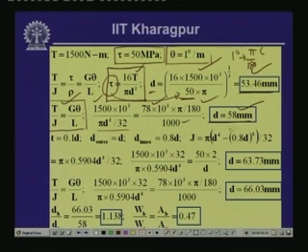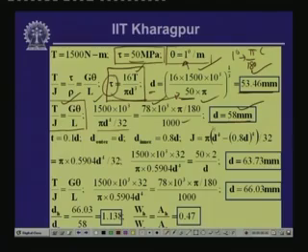Now, out of these two diameters, this much of diameter is necessary so that shear stress is kept within the limit of 50 megapascal, and this much of diameter is necessary for the rotation to be 1 degree per meter length. You will have to select the diameter in such a way that it satisfies both criteria.